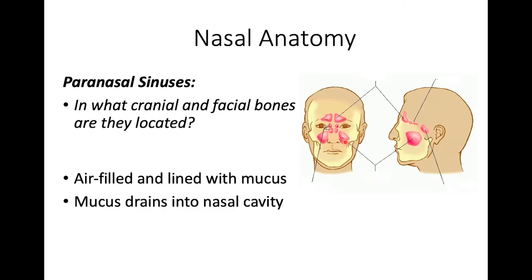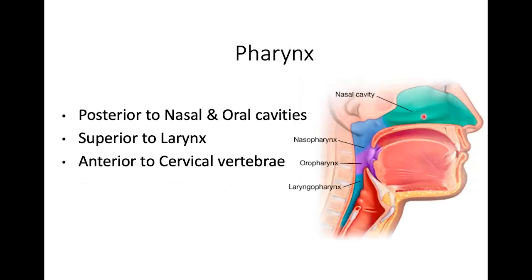Now, the paranasal sinuses, they act to decrease the overall weight of the skull bones, but also lined with mucus epithelium, they're capable of further trapping foreign particles and be able to prevent them from entering into the deeper portions of our respiratory system. Ultimately, any of the mucus that's produced in these sinuses will all drain back into our nasal cavity.